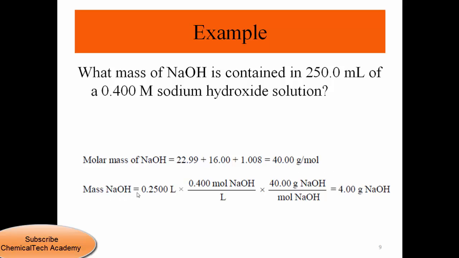For the mass of NaOH, the volume is 250 milliliters; if you divide by 1000, it's 0.25 liter times the concentration, 0.4 mole per liter. The product of the first two items gives us the number of moles of sodium hydroxide. If we multiply it by the molar mass of NaOH, which is 40 grams per 1 mole, we get the amount of sodium hydroxide, which is 4 grams.